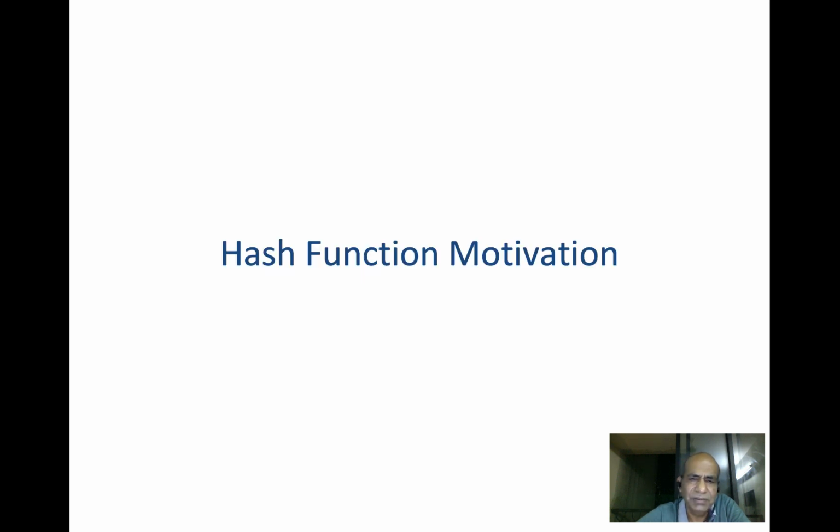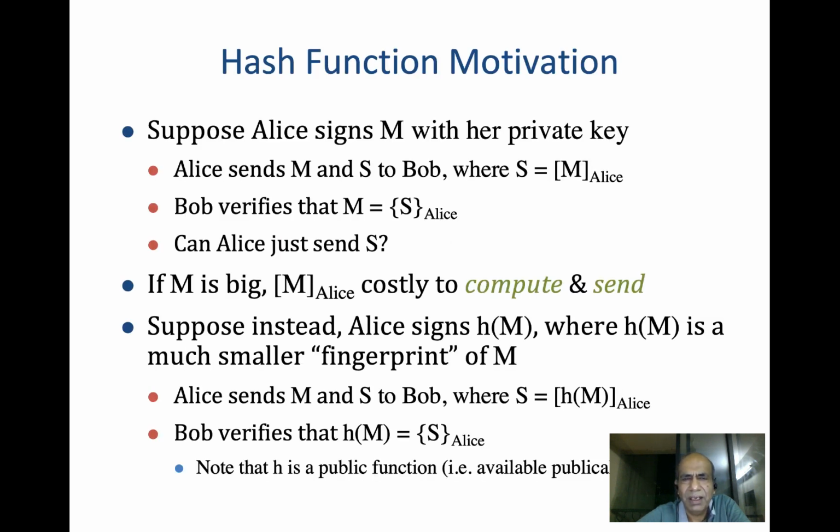What is the motivation for having hash function? Why can't we do the functionality of this using encryption and decryption? Again, let's look at an example. Suppose Alice signs message M with her private key.